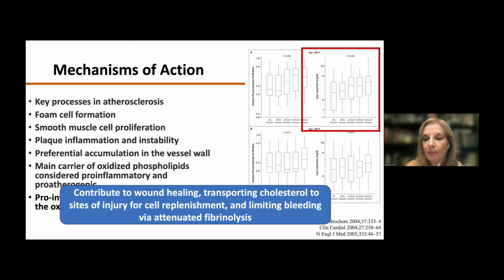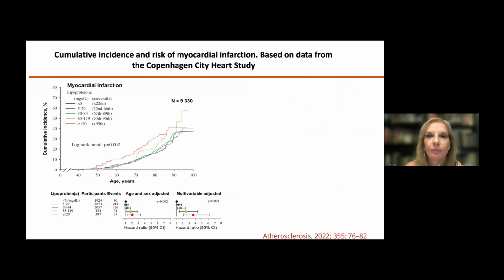However, these physiological activities, during a specific pathophysiological framework, turned into harmful effects of lipoprotein A.